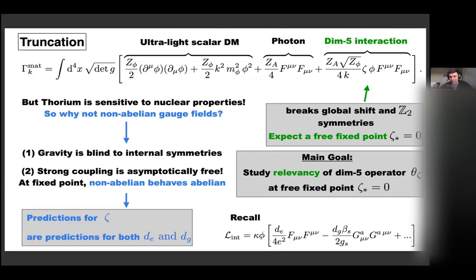So predictions for this parameter zeta are actually predictions for both dE and dG, the abelian and non-abelian gauge couplings in the dilatonic picture. Very good.